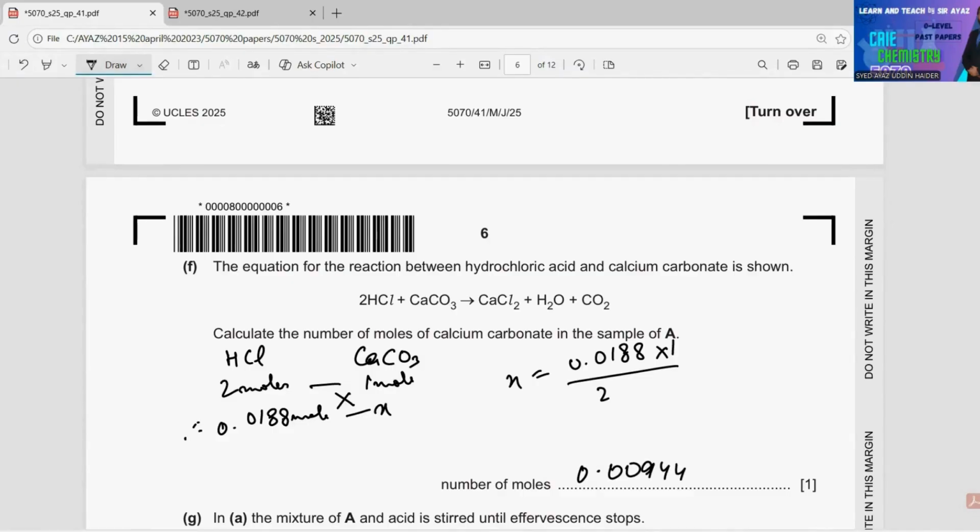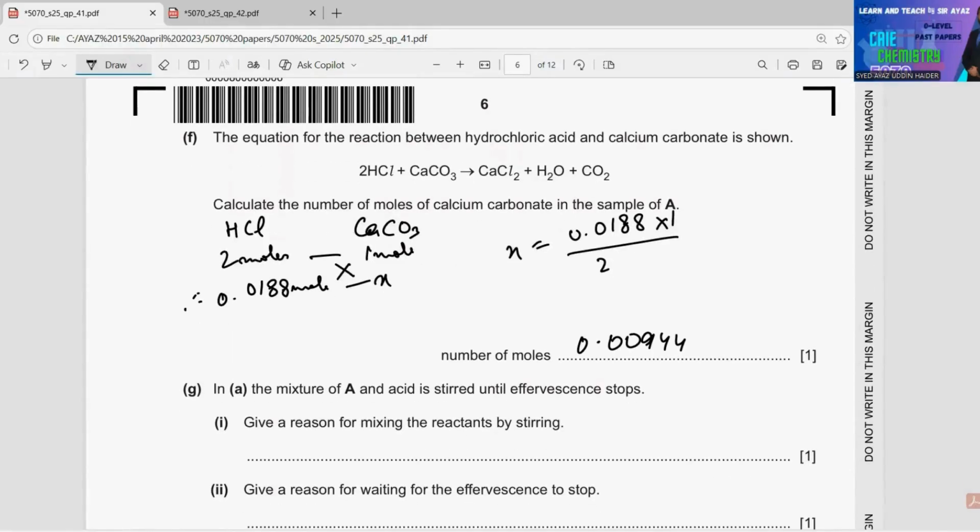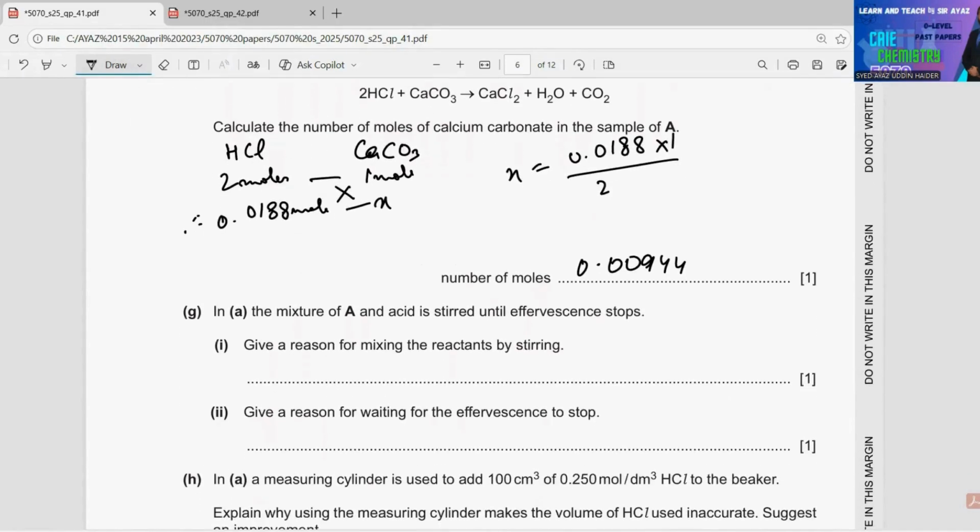G. In A, the mixture of A and acid is stirred until effervescence stops. 1. Give a reason for mixing the reactants by stirring. Definitely to make it dissolve quickly or react faster. Part 2.